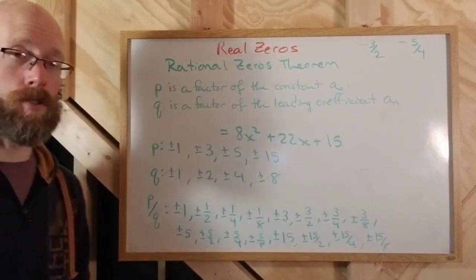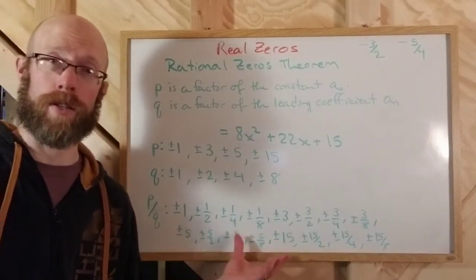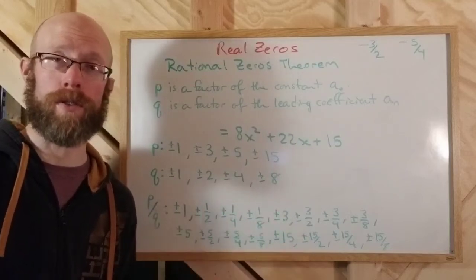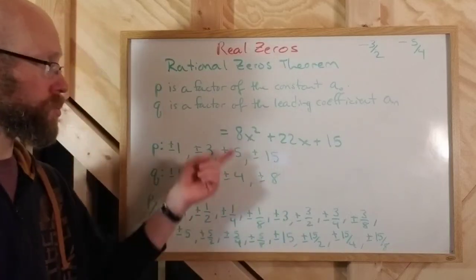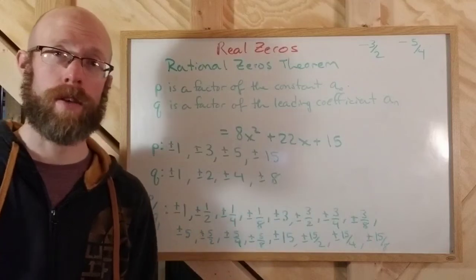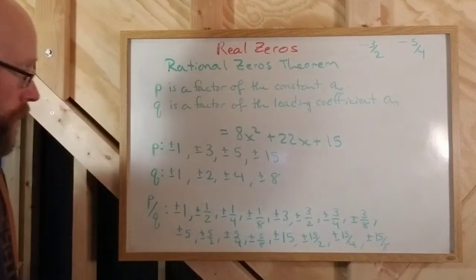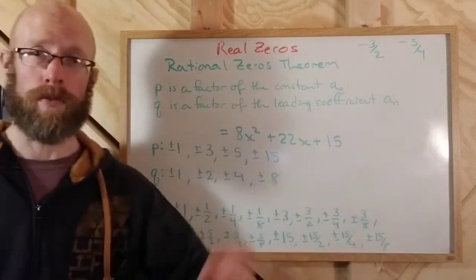Now if I created this list, how would I figure out which ones are actually rational zeros? Again, assuming I don't know the factored form of this. Well, one thing I could do is just start plugging them in right from the beginning.